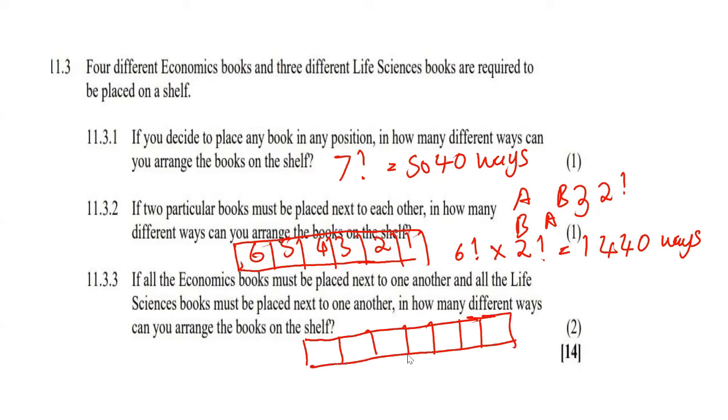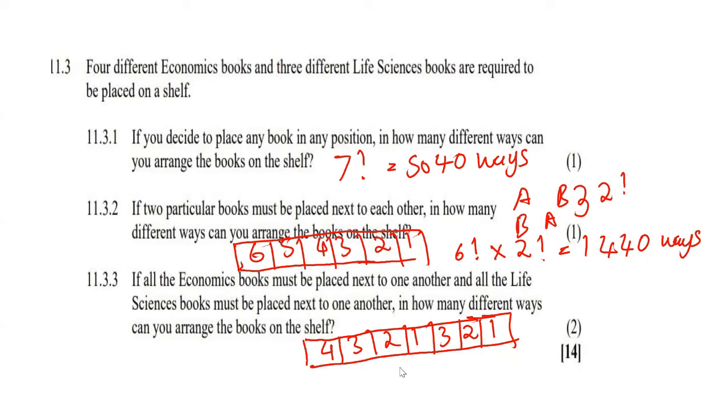To place the economic books, there are 4, so we can place them in 4 factorial ways. So that's 4, 3, 2, 1. But with the life science books, there are 3. We can place them in 3 factorial ways. That's 3, 2, 1. But then remember, there is no condition that the economic books must be the first books to be placed and then the life science books.